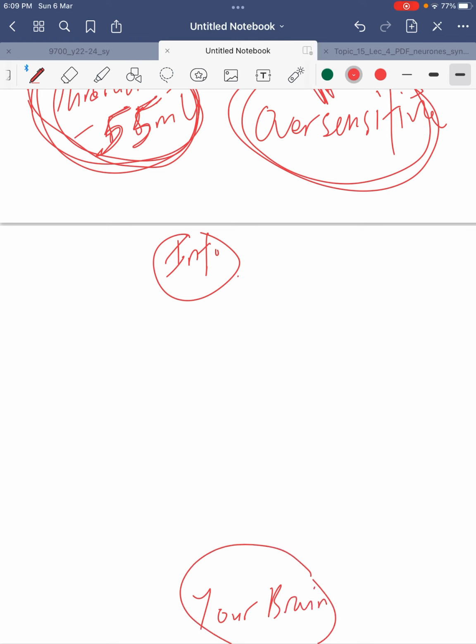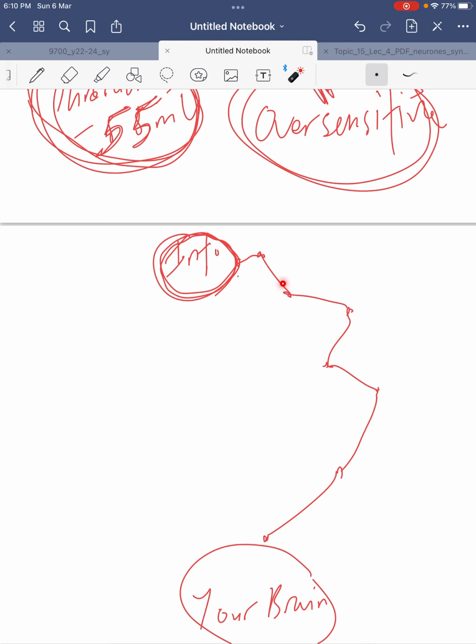In order to retrieve this information, it requires many different connections of many neurons, of course, sensory neurons and motor neurons. It took you some time to recall. You might be thinking, oh, it was a few days ago. Was it Tuesday? Was it Wednesday? Was it morning, afternoon? Then you realize, yes, I was confident that it was on Tuesday, and you manage to reinforce that information.